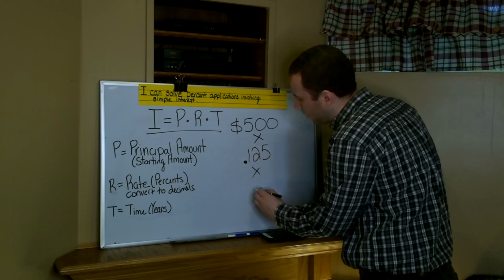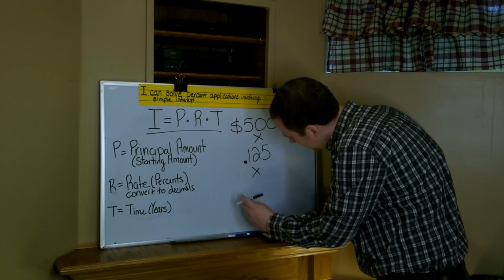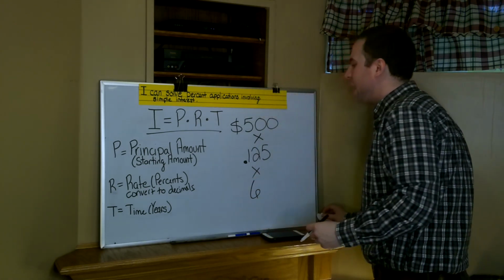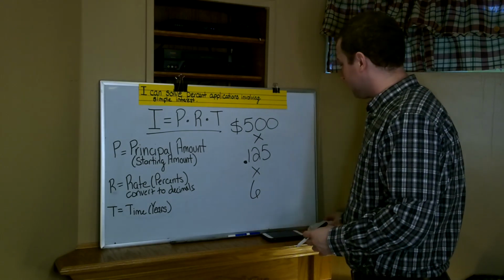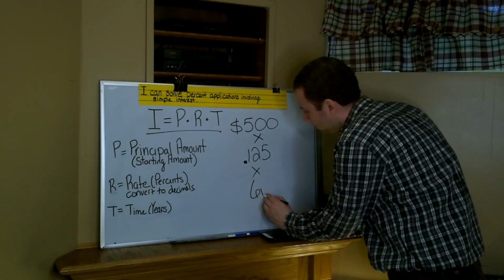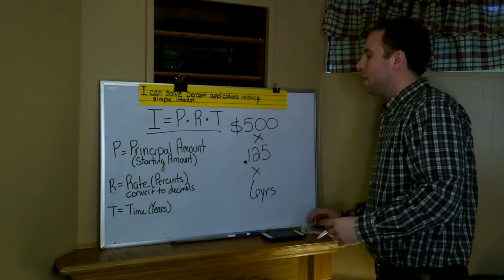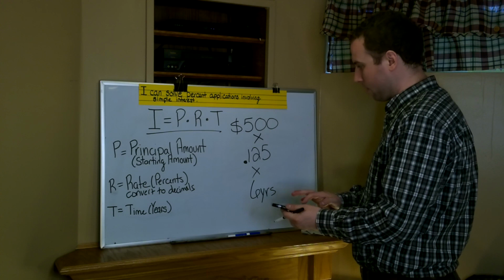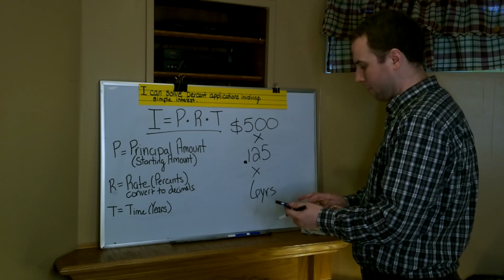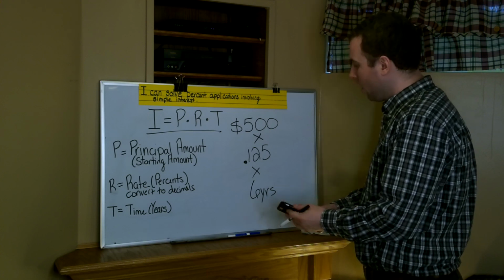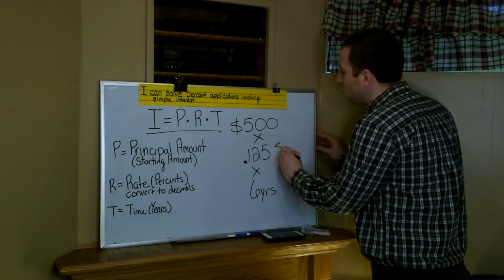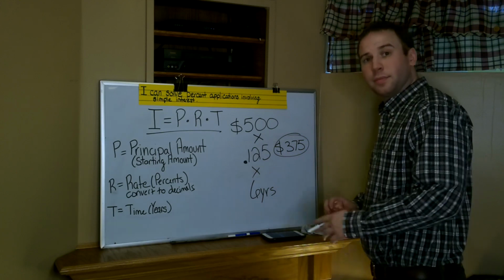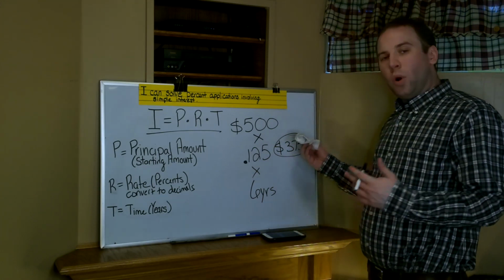And we're going to multiply that by 6 years. So if we go ahead and multiply that, we end up with an accumulation of $375.